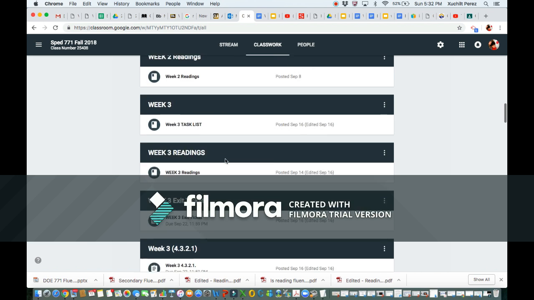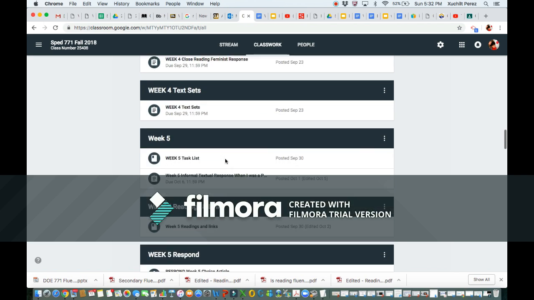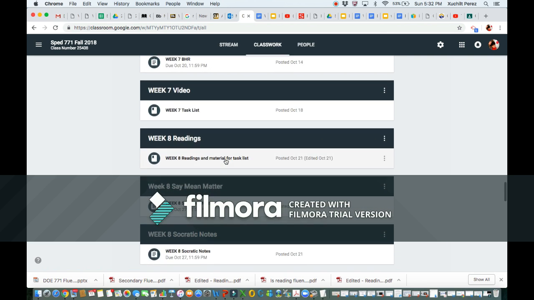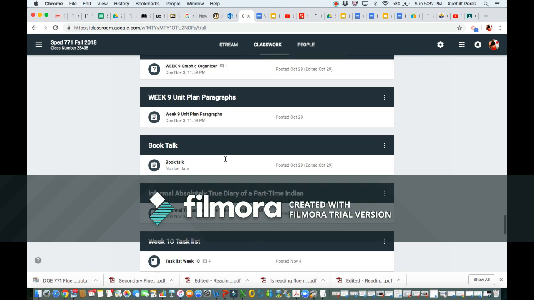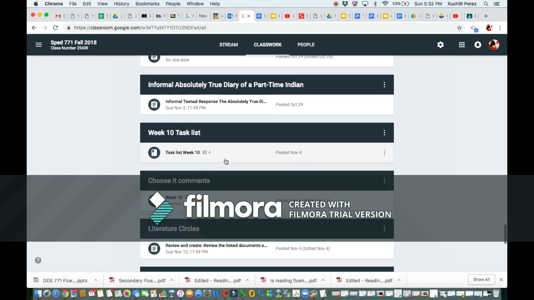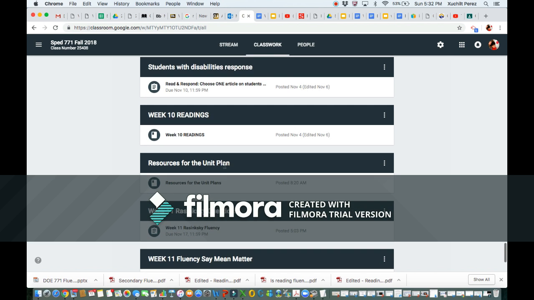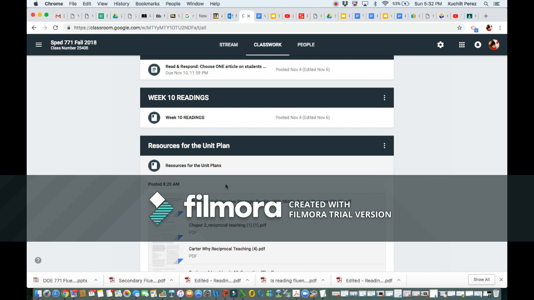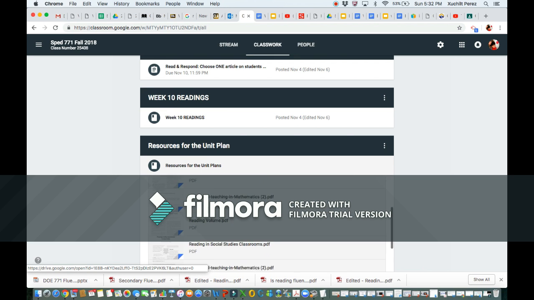You also have it there, but I wanted to point out that I had added some resources for the unit plan, which are right here. So this covers collaborative strategic reading, reciprocal teaching, reading in social studies, reading in mathematics. So the different strategies that you could choose for the unit plan.